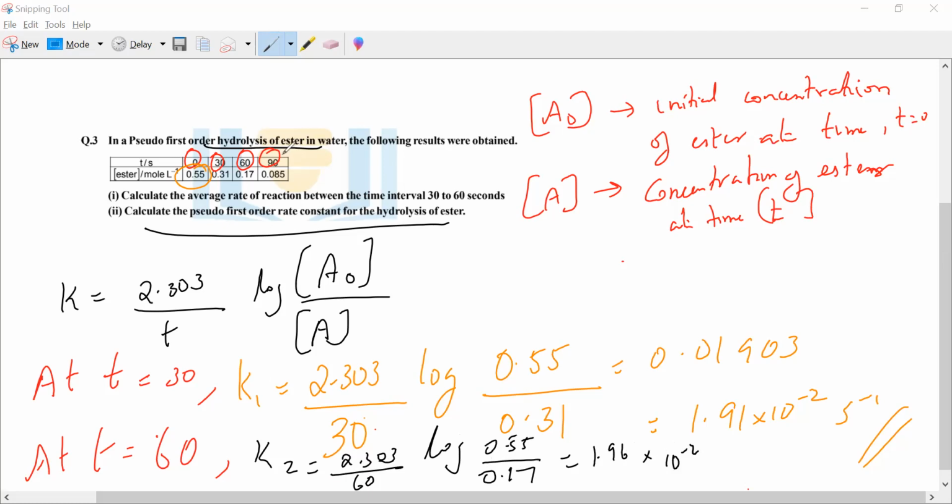And at t is equal to 90, you'll be getting the k3 value as 2.07 into 10 power minus 2. So this you can check later.